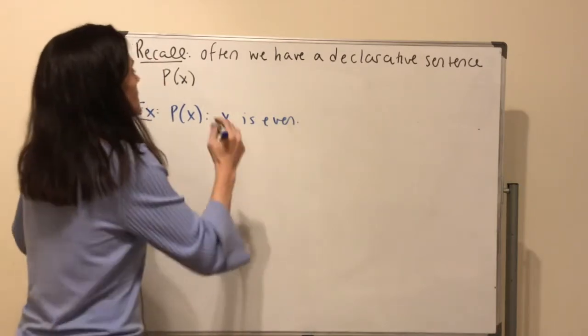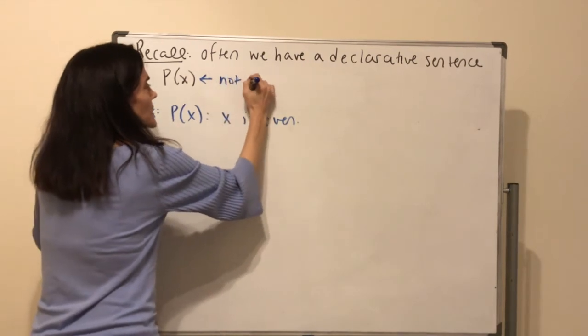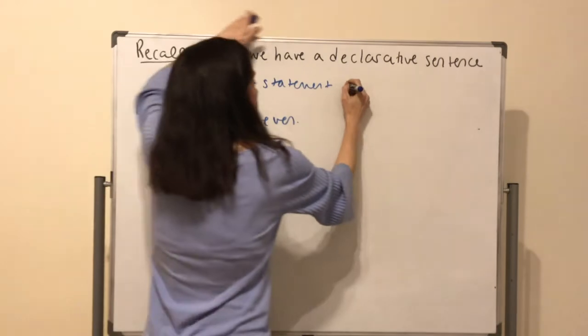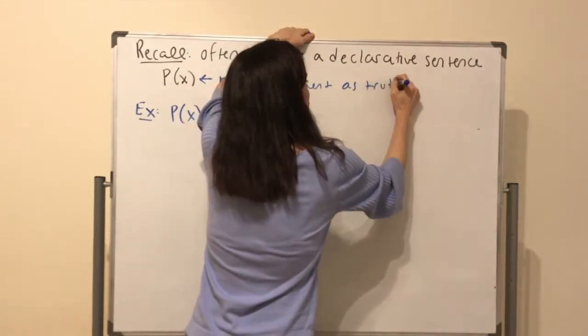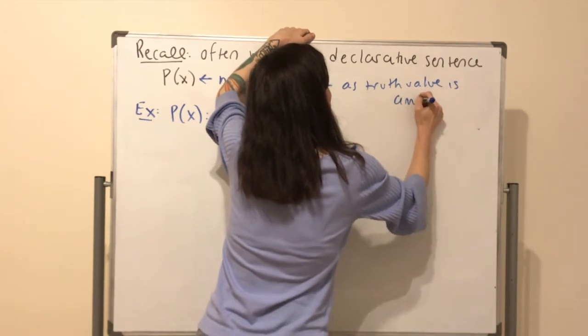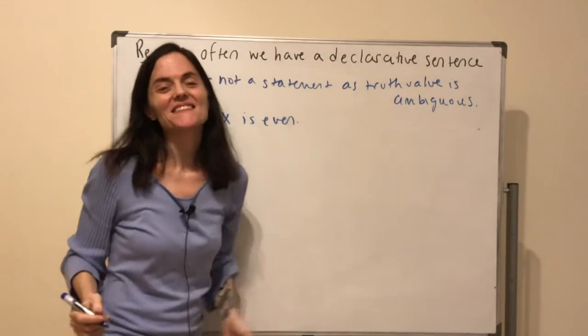And so this P of X is not a statement in the mathematical sense because the truth value is ambiguous. Okay, this we have discussed.